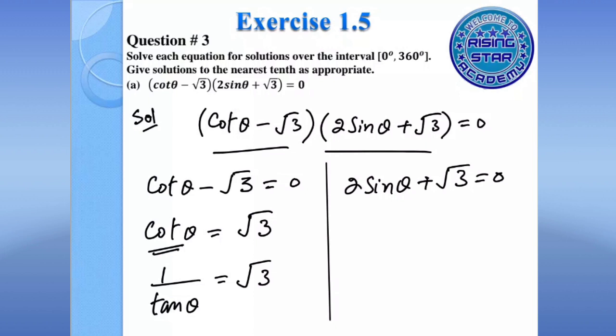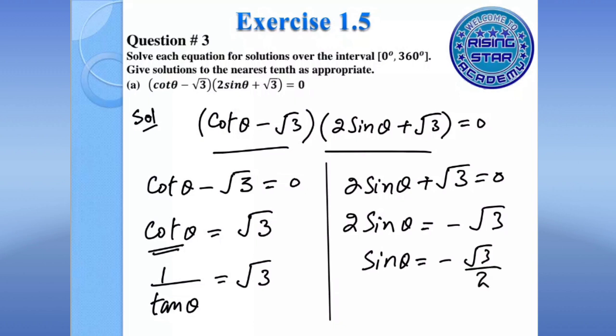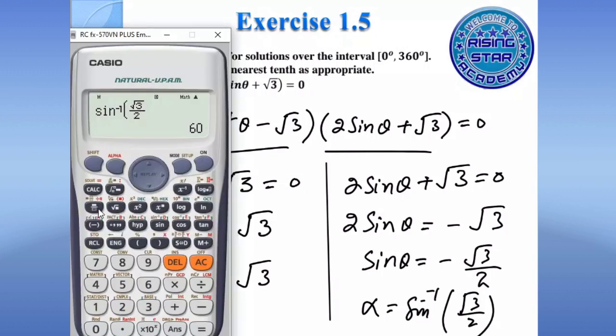So I would write 2 sine theta is equal to minus root 3, or sine theta is equal to minus root 3 over 2. Now I will find the basic angle alpha. So I will take sine inverse of root 3 by 2. Let me check. Here we have 60 degrees.